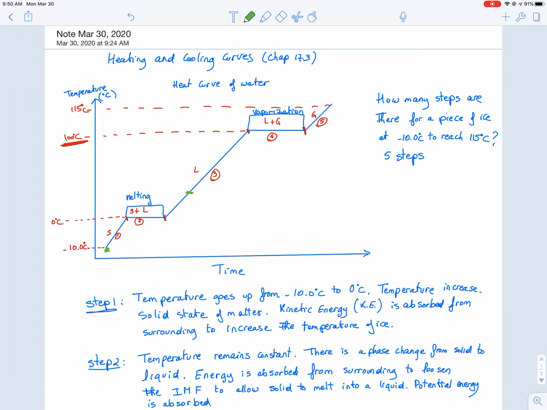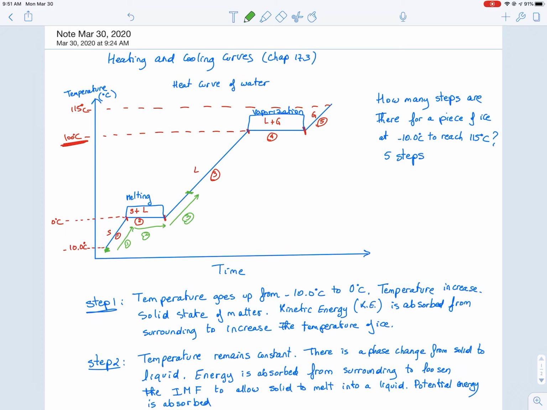How many steps is that? Well, the ice has to go up to 0 degrees Celsius, and then it's going to start melting, so that's my second step. So I have 1, 2, and then it's going to warm up all the way until it reaches room temperature. So in that given example, that's a 3-step problem.